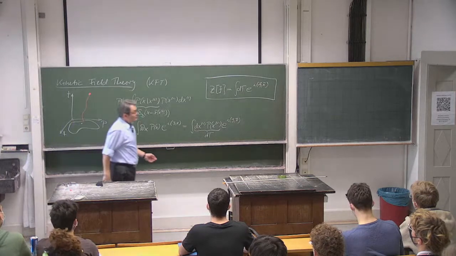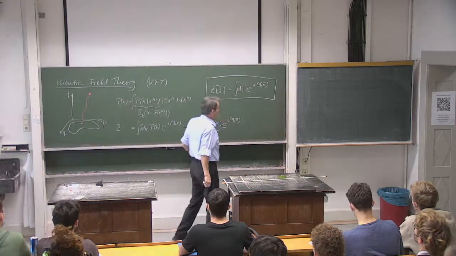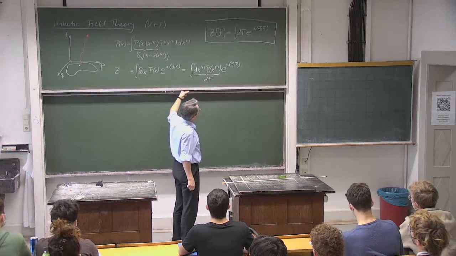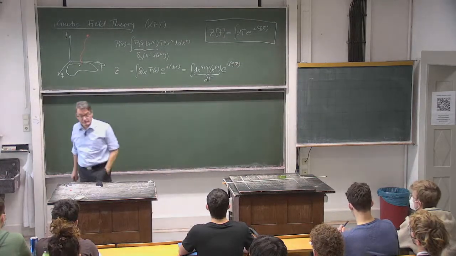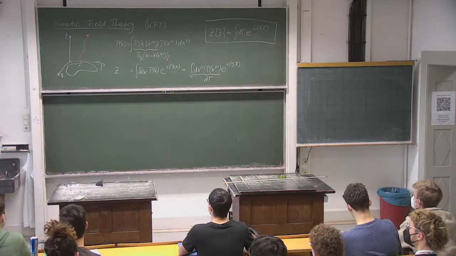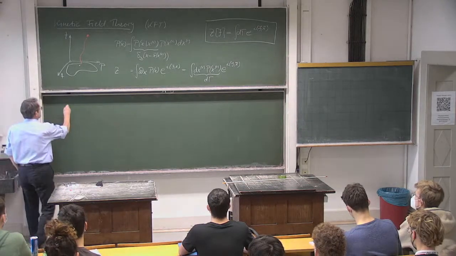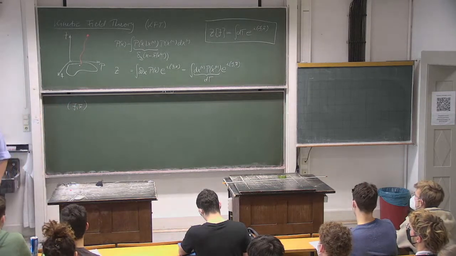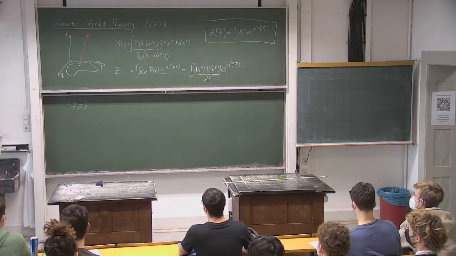And now I need to say a few more words about what this notation should mean here. First of all, of course, the x bar is going to change over time. The particle is propagating forward and its position is going to change with time. So this scalar product here should contain an integral over time.